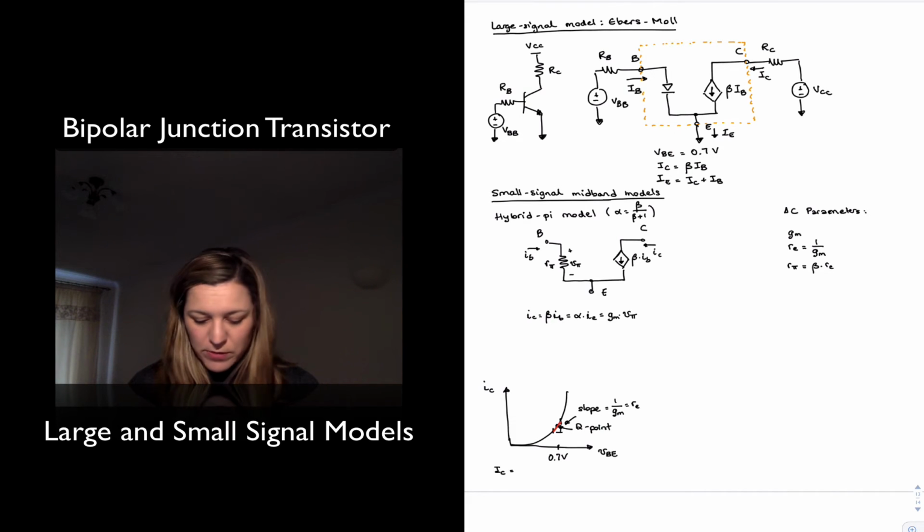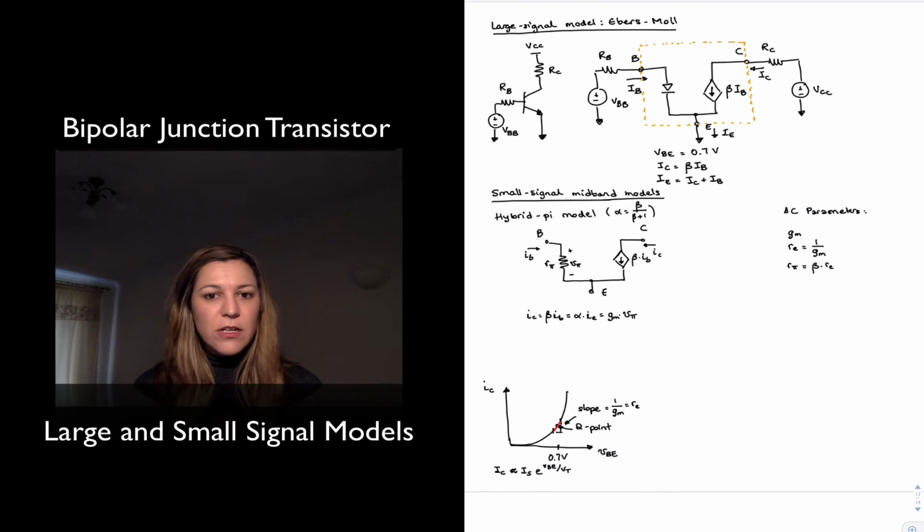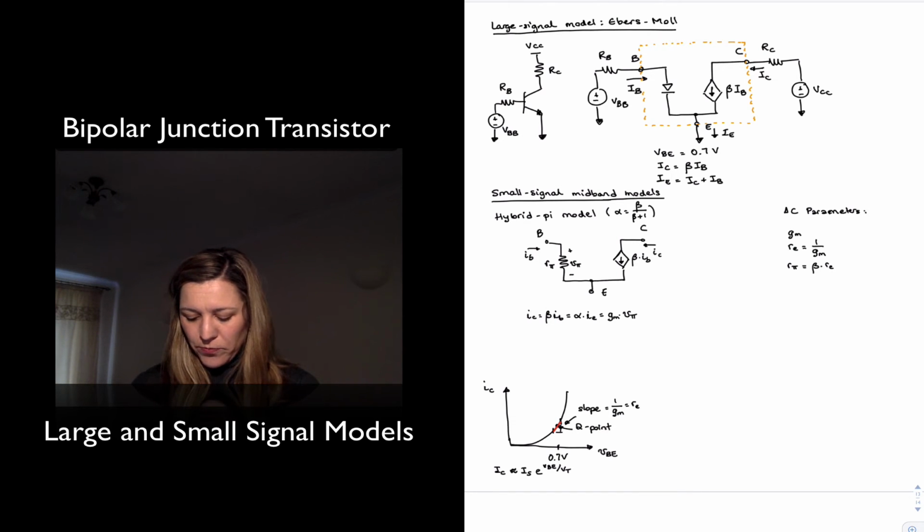And so we can approximate that as being equal to this small leakage or saturation current times e to the VBE divided by VT, where VT is the thermal voltage, which we're going to approximate as 25 millivolts at room temperature. Now, this is only an approximation because there is a -1 term that we are omitting simply because in the linear region, the e to the VBE over VT is going to have a value that is much greater than 1. So we're going to omit the -1 term, which you may have seen when you studied diodes.